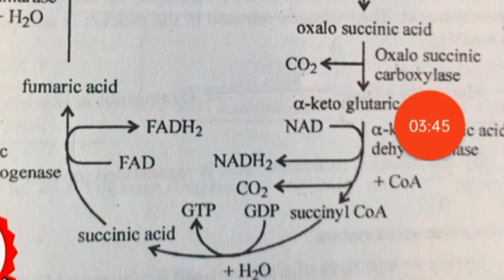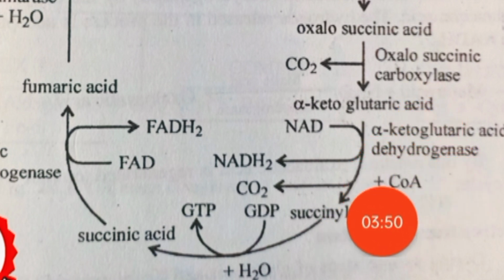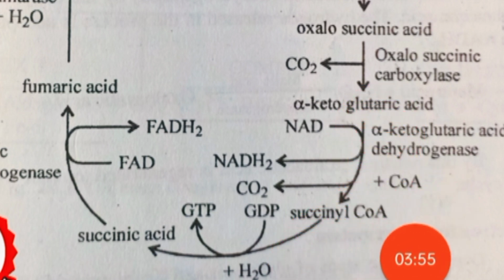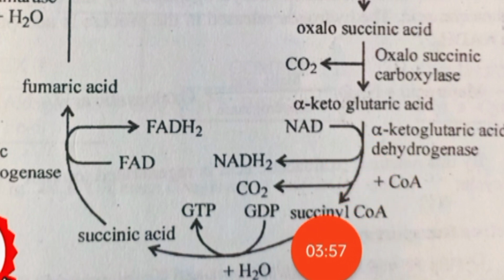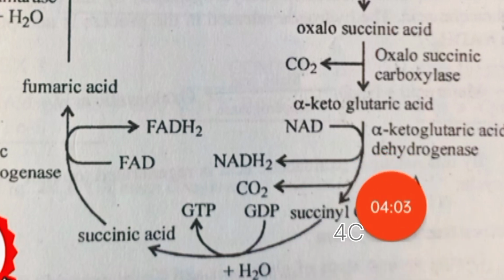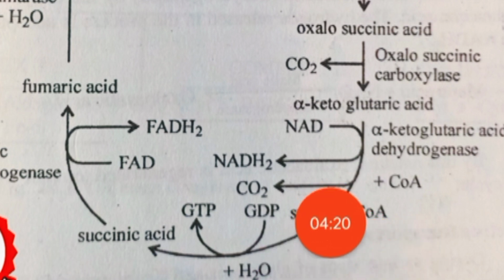With the help of the enzyme alpha ketoglutaric dehydrogenase plus coenzyme A, it is converted into succinyl coenzyme A, a 4 carbon molecule. Succinyl coenzyme A loses coenzyme A and gets converted into succinic acid.